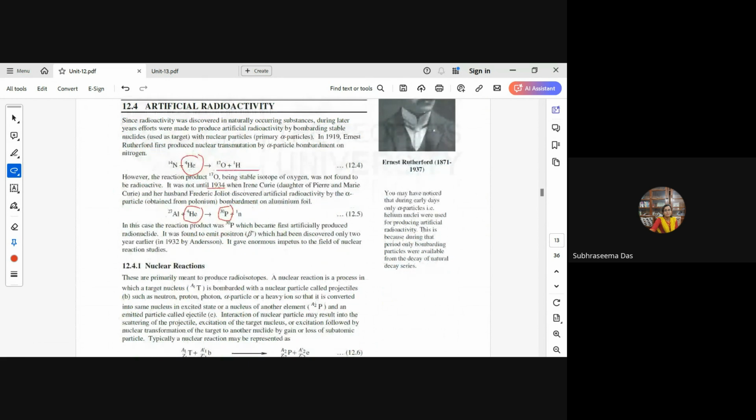So the credit of discovering artificial radioactivity goes to Irene Curie, the daughter of Marie Curie, whereas the credit of first discovering natural radioactivity goes to Marie Curie, who discovered naturally occurring radioactive substances.